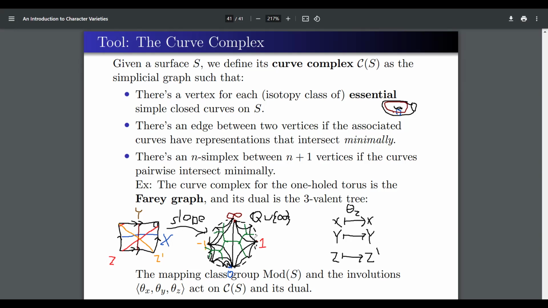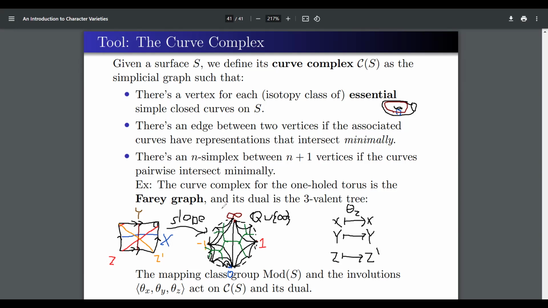That's because z and z prime are the only 2 curves that intersect x and y minimally. And that's the same as saying x, y, z is a triplet on a certain character variety. And similarly, x, y, z prime is another triple on a certain character variety. And so it's quite literally a reflection over these lines, because this point right here in the dual graph represents x, y, and z. This point right here is x, y, and z prime. So it flips these two, and the whole curve graph gets flipped with it.